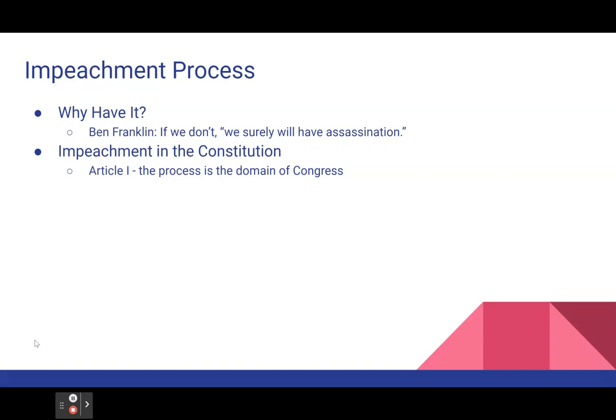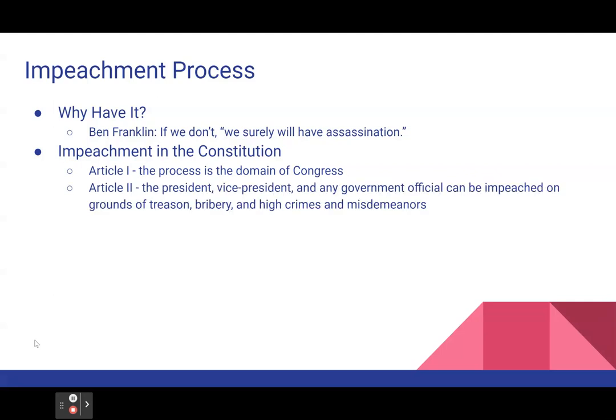Congress is in charge of how the process takes place, and Article 2 explains that the president, the vice president, and any government official can be impeached on the grounds of treason, bribery, and high crimes and misdemeanors.